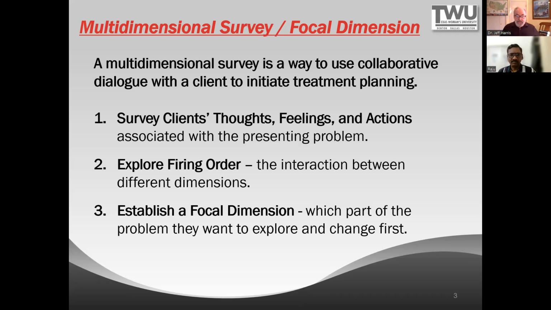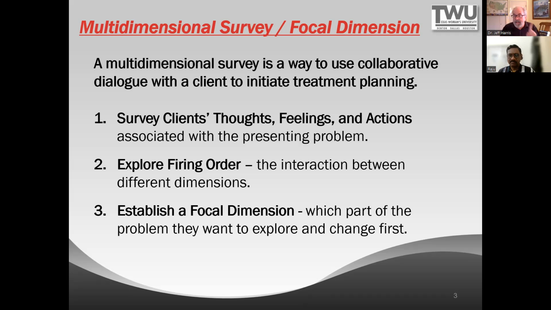And then the third step was to establish a focal dimension. I acknowledged to Raju that all three of these are related, but it may be helpful to start somewhere. He wanted to focus on feelings. So I asked him to pay particular attention to his emotions during the coming week. And I gave a little bit of a preview of what that next section of exploring feelings might look like, to explore the feelings of fear.